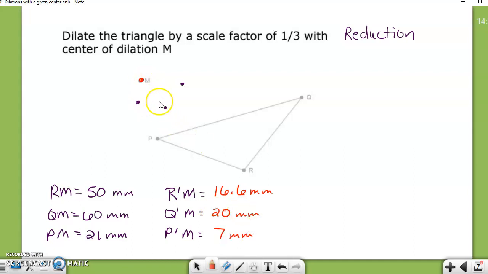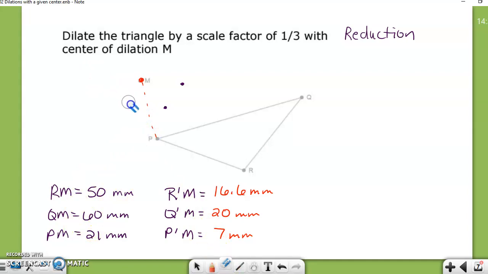So now I'm measuring. I didn't just plot these any old place, okay? What I did is I went from M to P. Let's take that back a little bit. I'm starting here and I'm going here, and this was from M to P, about 21 millimeters.